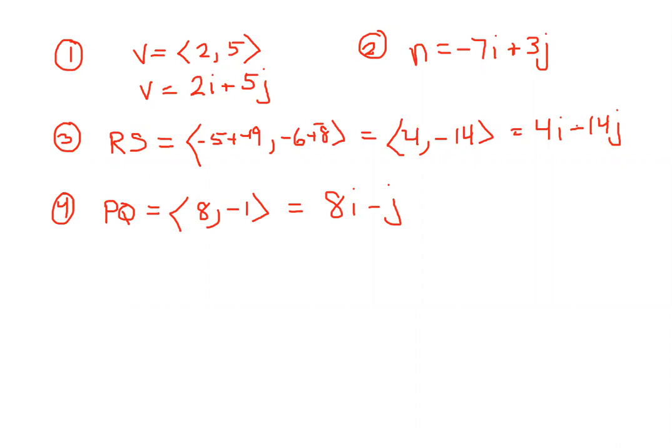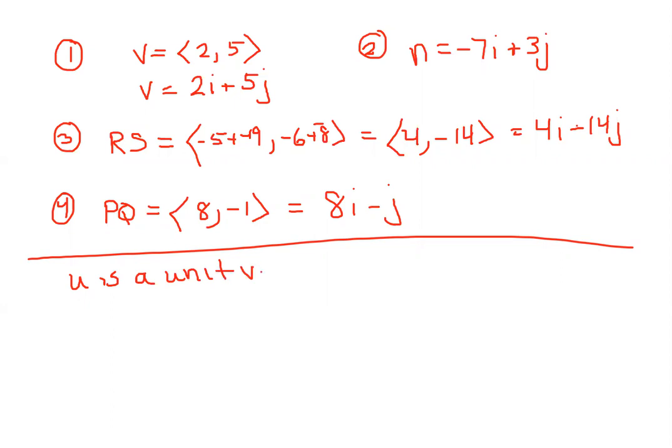All right, trigonometric forms of a unit vector. You knew we were going to get back to trig. If u is a unit vector, so u is a unit vector. Remember what that meant? That meant that it has a magnitude of 1.